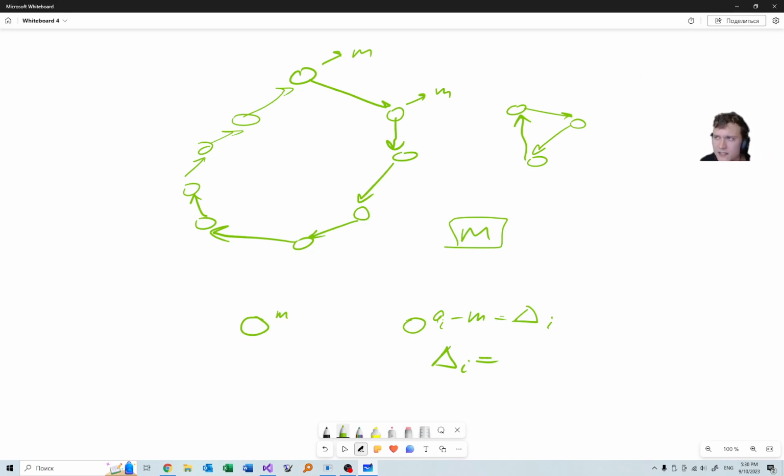And actually there is only one way to express it as the difference. If it is positive, there is only one way to do it. And if it is negative, also only one way.